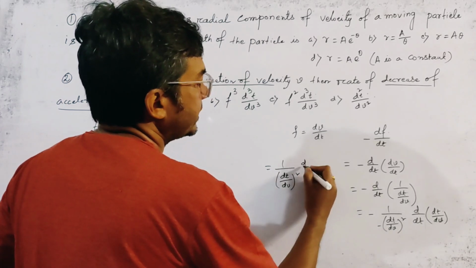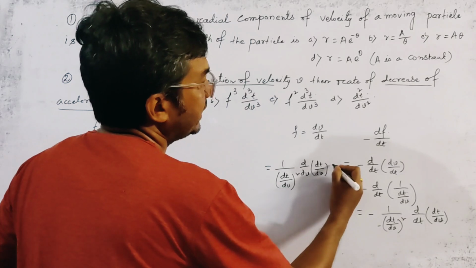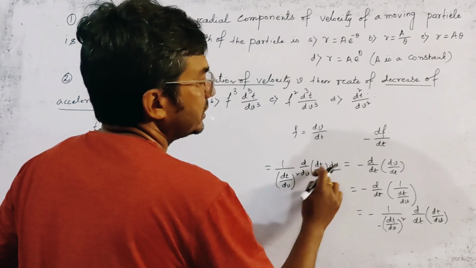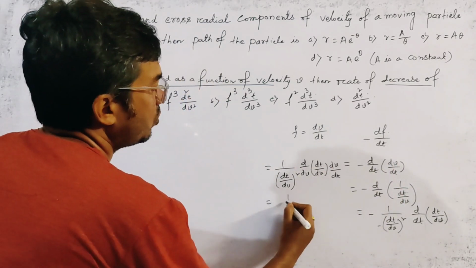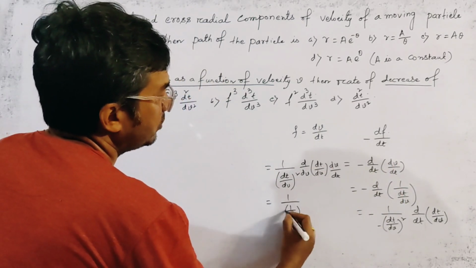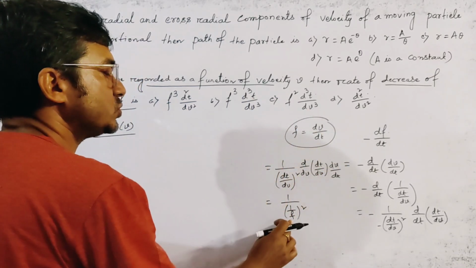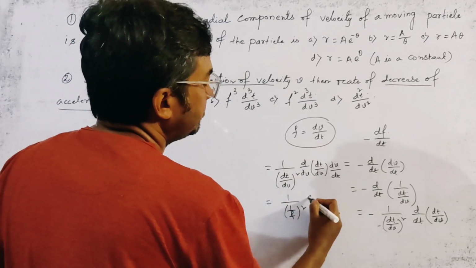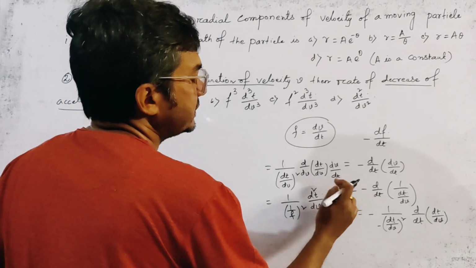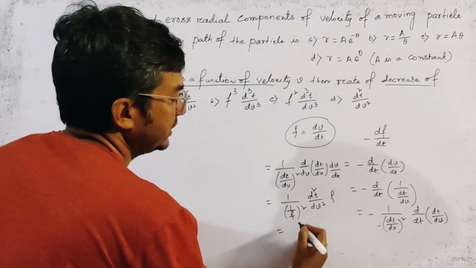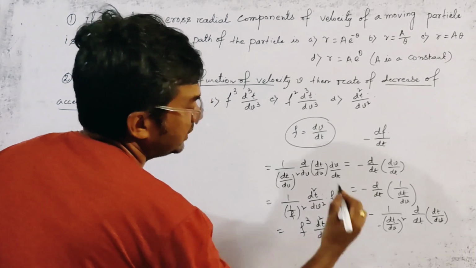We write this term as d dv of dt dv into dv by dt, already present here. So 1 by f whole square, because dv dt is f, so dt dv is 1 by f, and this is given by d2t by dv2 into, this is also f, so we get f cubed into d2t by dv2.